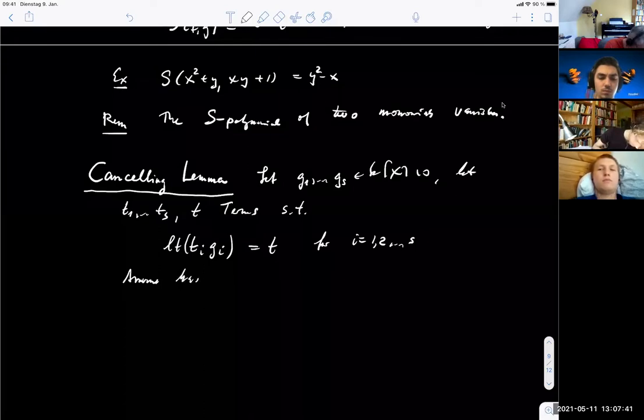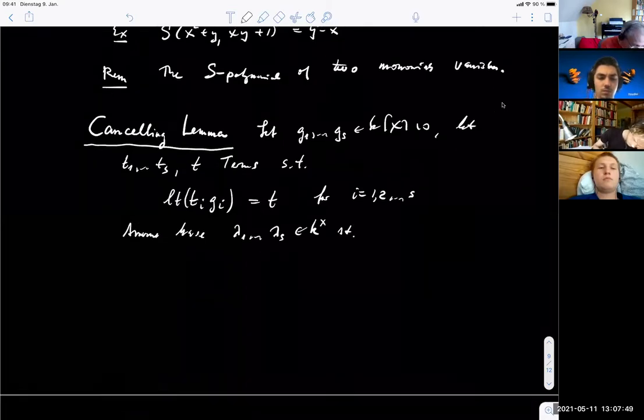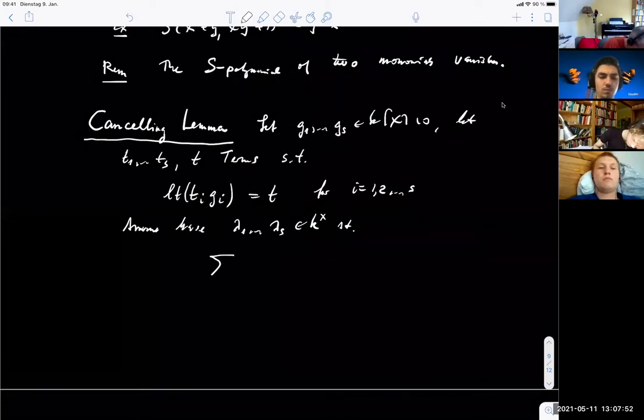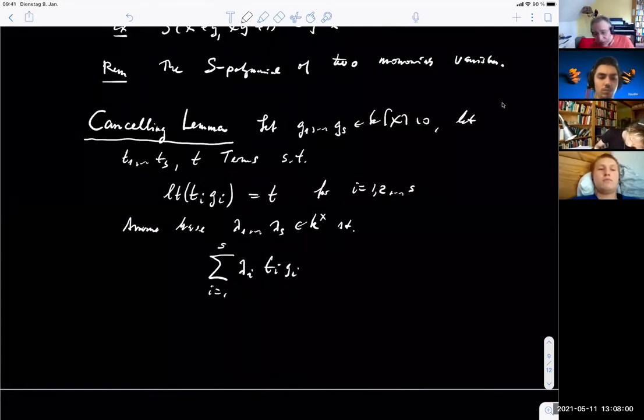Assume I have coefficients lambda 1 up to lambda s in K, non-zero, such that I formed a linear combination, the sum of lambda i, Ti, Gi. If you look at this, what would be the leading term?